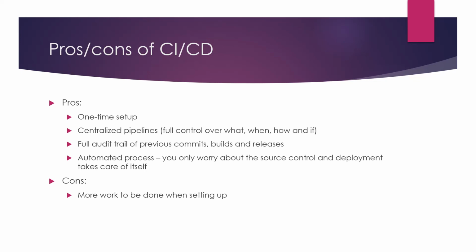And then this is an automated process, which means that you only worry about the source control, and deployment takes care of itself. So when you look at the process again, you will notice that we only push the changes to the remote repository, create that pull request. That's still within the source control part of things, really.